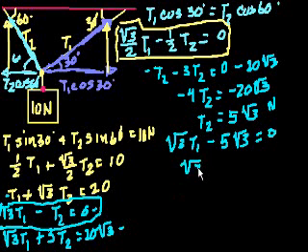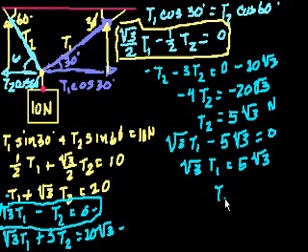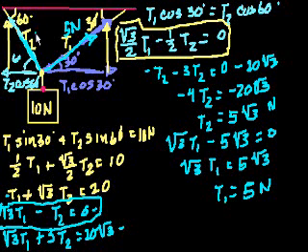So we have the square root of 3 T1 is equal to 5 square roots of 3. Divide both sides by square root of 3, and you get the tension in the first wire is equal to 5 newtons. So this is pulling with a tension of 5 newtons, and the second wire is pulling with a tension of 5 square roots of 3 newtons.